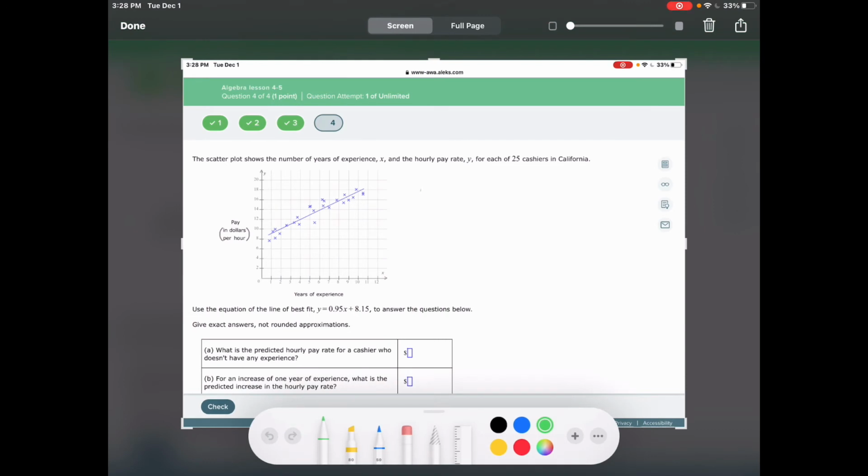So Y equals mx plus b, right? So in this case, we have Y equals 0.95 times x plus 8.15. This is our slope. That's our rate of change.